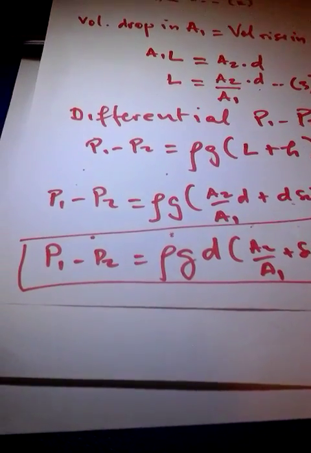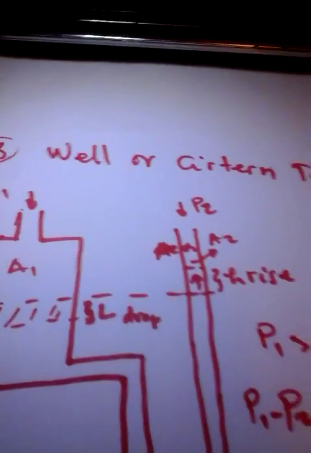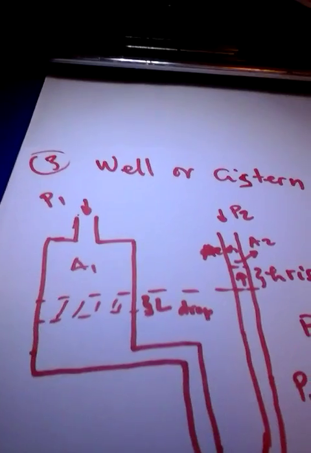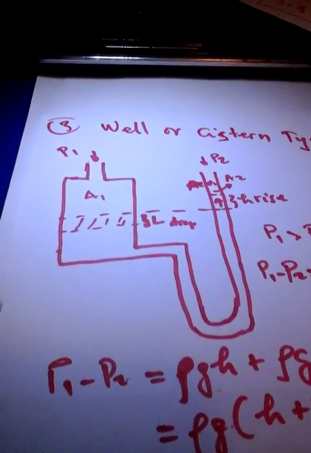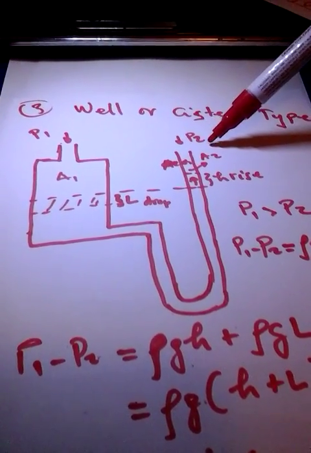That was the inclined type. Then there is another type of manometer, which is the well or cistern type. Okay, it's the well type. This is the next one. This is the sketch. Again, we have P1 coming there and P2 coming this side.